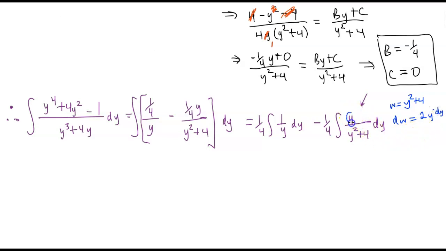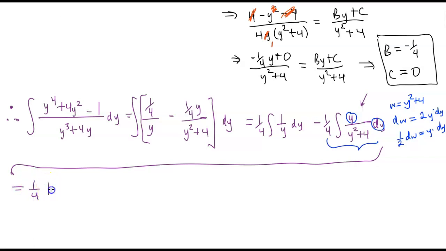And what we want to be able to cover is y times dy. So 1/2 of dW is just going to be y dy. Okay. So we could rewrite this particular integral here in terms of W. So we're going to go ahead and do that now, and then we will wrap this up.